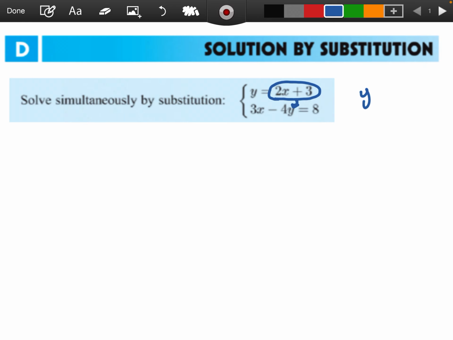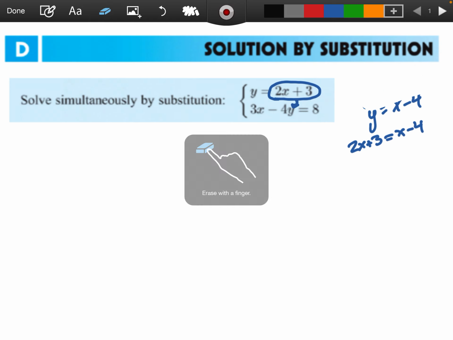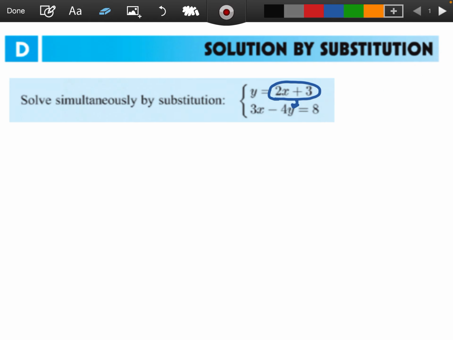In the previous example, if you had y equals 2x plus 3 and y equals x minus 4, you took what one of the y's equaled and replaced it where the other y was, so you ended up equating your values of y. It's the same idea, so I refer to these two methods as two sides of the same coin.